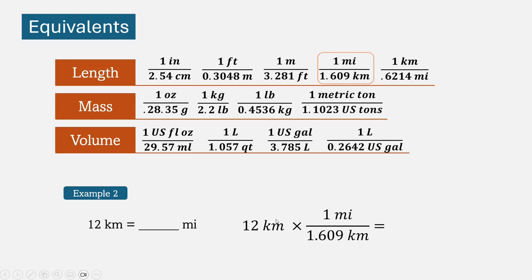So 12 times 1 is equal to 12, and the remaining unit is miles because kilometers is cancelled here. So still 1.609, but the kilometers units are cancelled. 12 divided by 1.609 is equal to 7.46 miles, and so our answer here is 7.46.